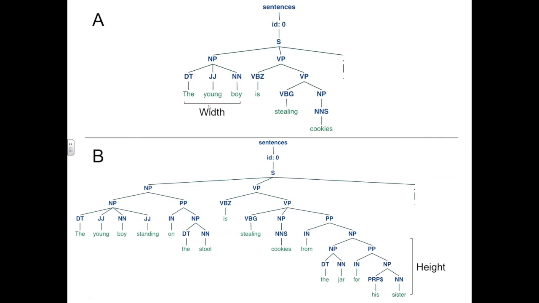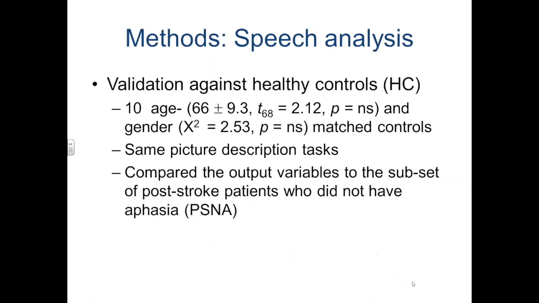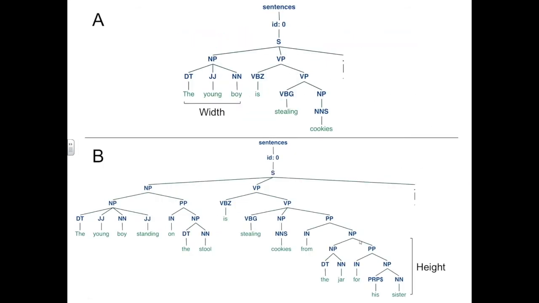And so in terms of our variables, when we talk about width, we're talking about how many elements are there inside, for example, in this case, a noun phrase. So how many leaves are there that branch off this one element. And then you'll see that we also have a measure of complexity that is height. And so that's how many of these branches are within one element.